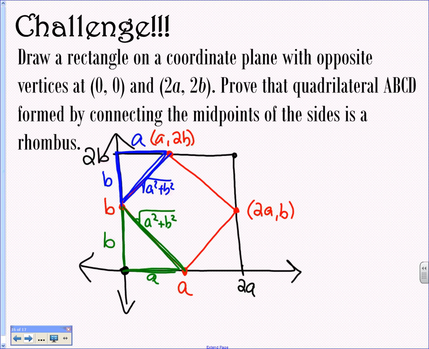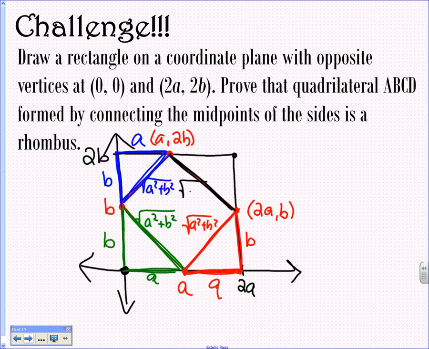Okay, let's do another one. What's the length of this side here? And here? What's the length of the hypotenuse? Okay, hopefully you're seeing a pattern and can say what the length of that is.